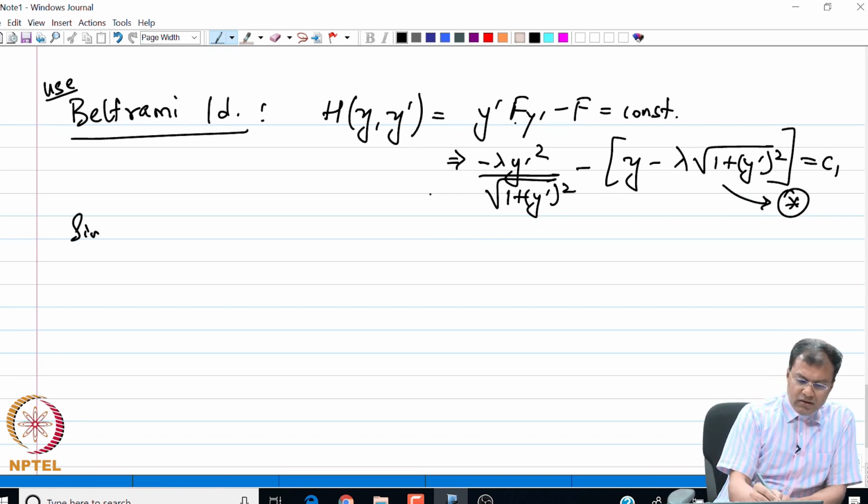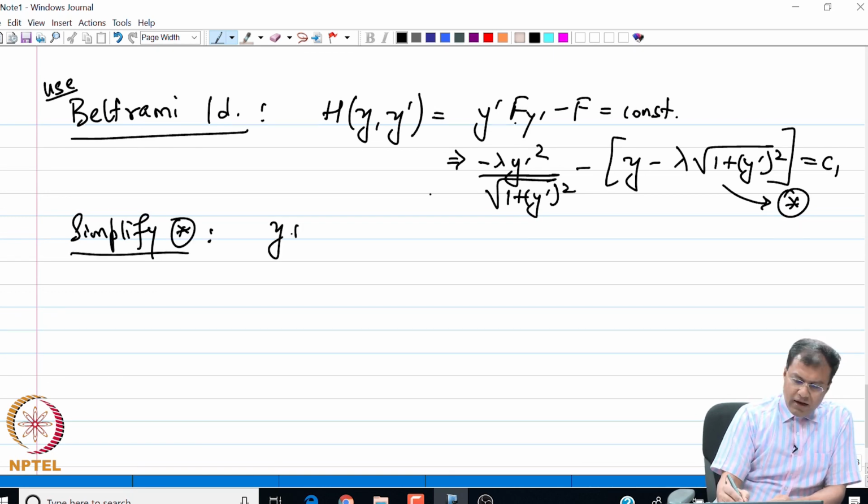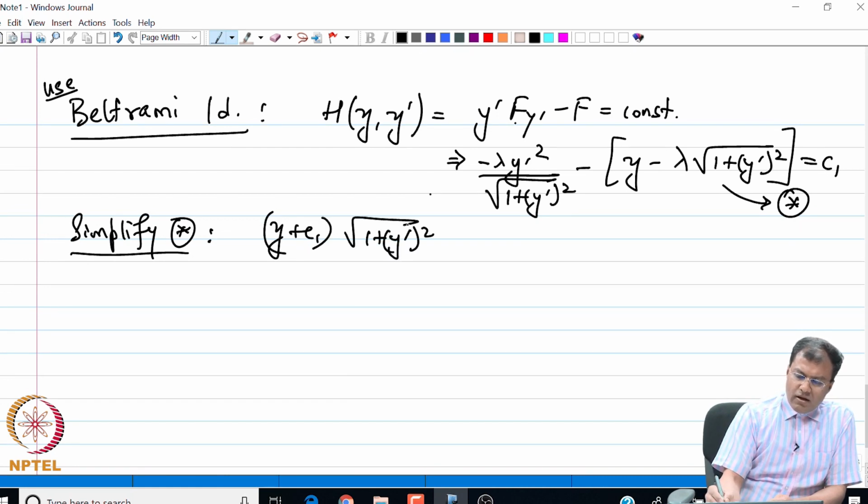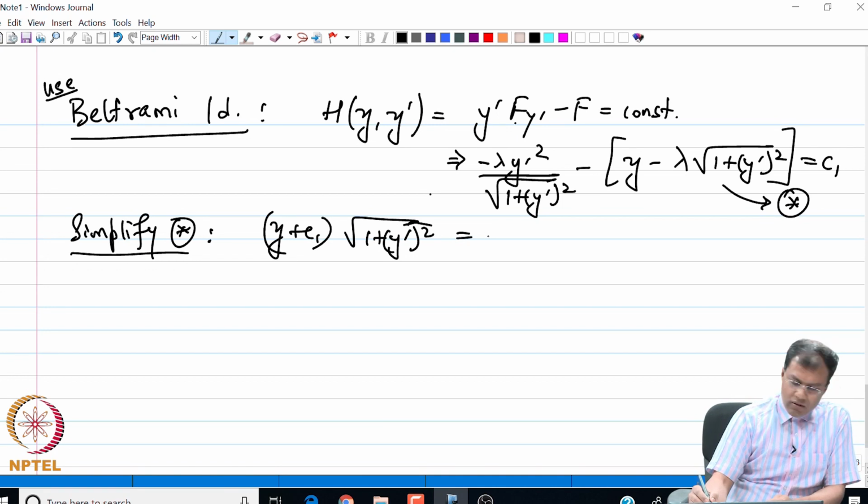So, we simplify star and we get the following expression: y plus C1 times square root of 1 plus y prime square. After simplification, this is equal to lambda, right.